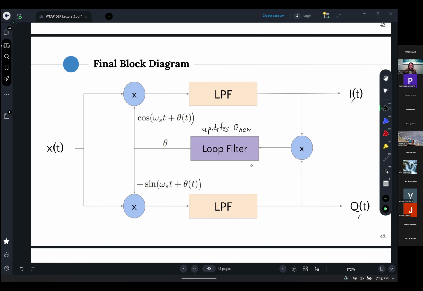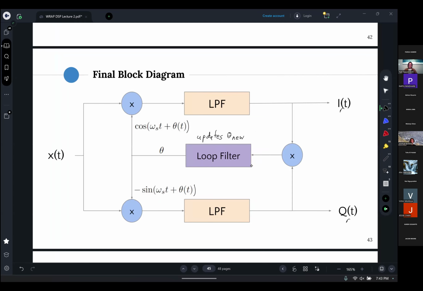We're just going to keep tracking it. And the closer we get to that, the better this demodulation gets. And then we can just keep going and demodulate the entire signal continuously. And as time goes on, our guess for theta is going to be more and more correct, and we're going to get better values for the in phase and quadrature components. And that is how a Costas loop works.